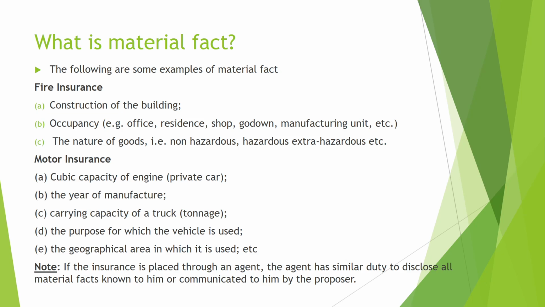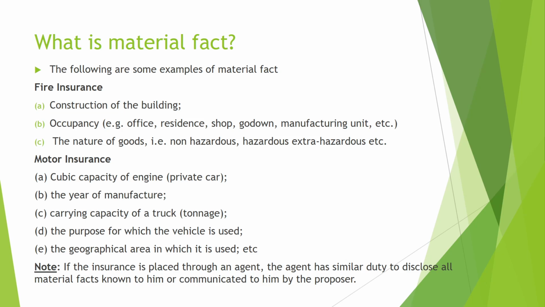And the third point is the nature of goods. Okay, which type of goods you are storing in the building, or which type of manufacturing you do. Is it hazardous or non-hazardous? You should tell the insurer. Okay, so that is in the case of fire insurance.